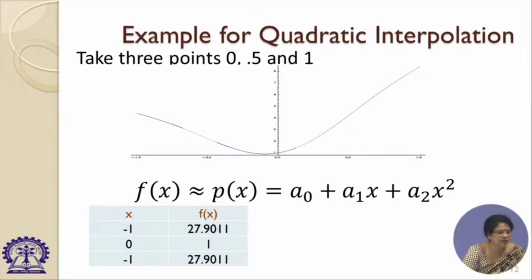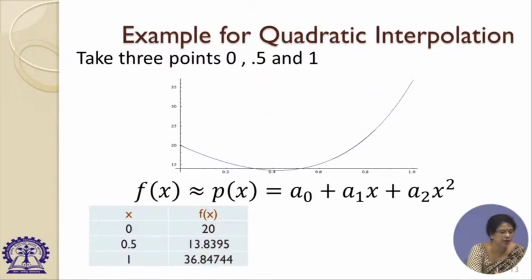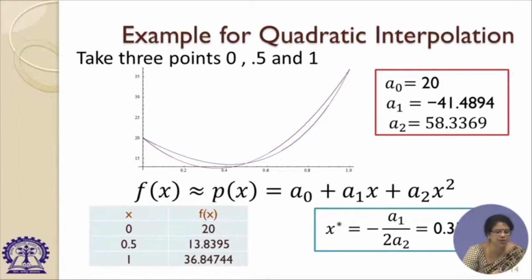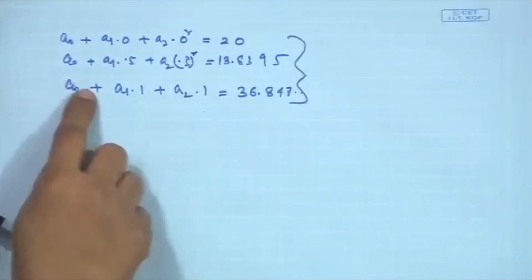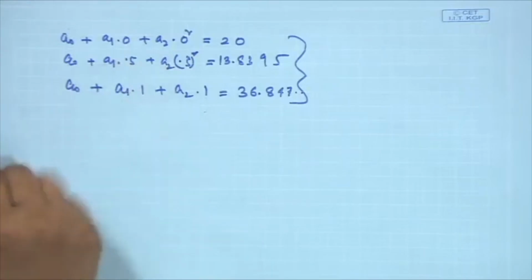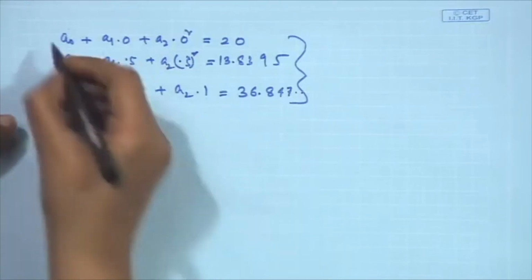This is the function, as I showed you previously. And we found the values: a naught is 20, a1 is minus 41.4894, and a2 is 58 point something. We got these after solving 3 equations, because there are 3 unknowns and 3 equations.